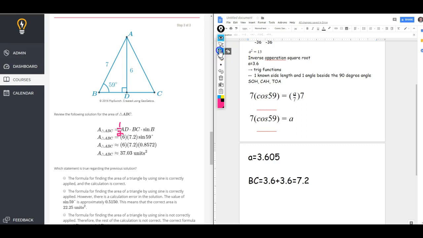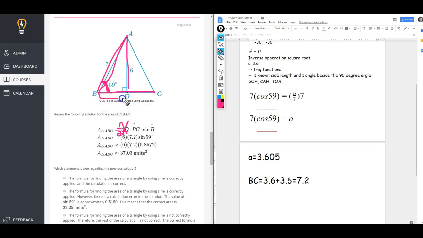The other one is when I check the side lengths compared to the angle. I first identify my angle, and then the side lengths are the ones that sandwich in that angle. So the side length of BC and the side length of AB sandwich in this angle, or they're the ones that are the segments attached to this angle. And that is how I help myself remember this formula. So as I'm comparing, AD is not a side length that sandwiches in this angle, so that's incorrect.